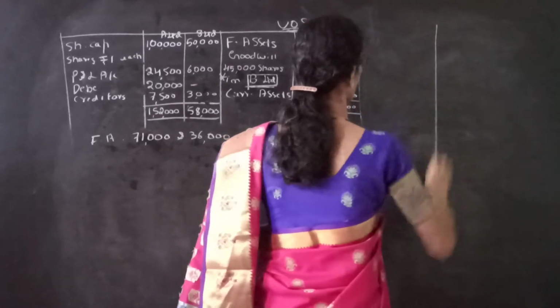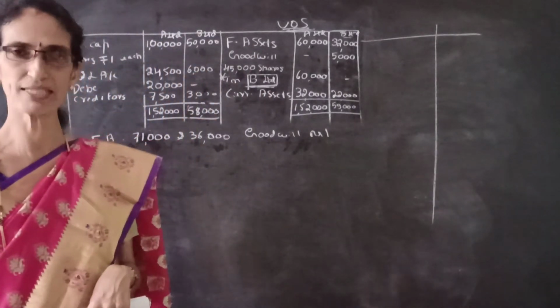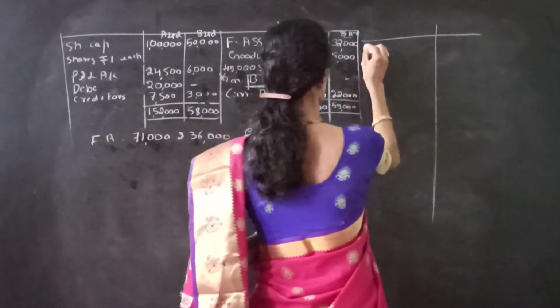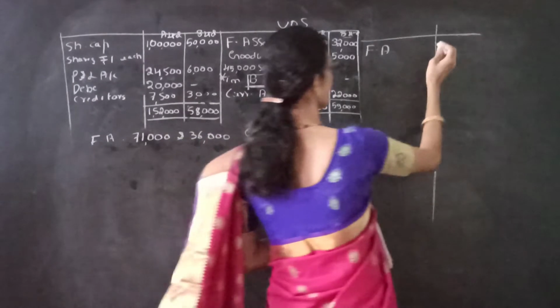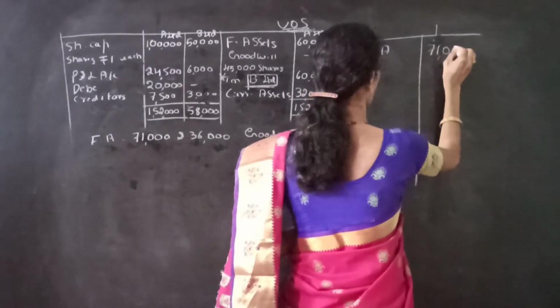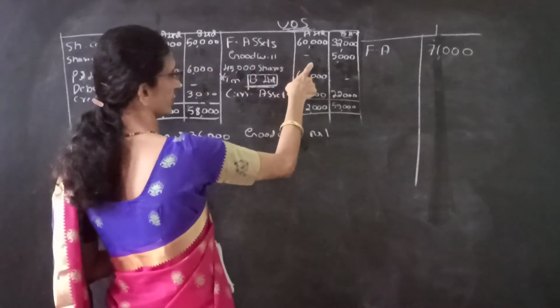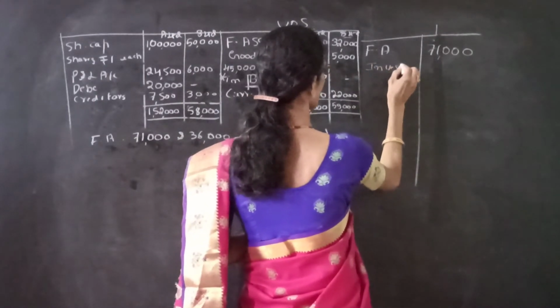First we have to find out the market value of assets minus liabilities payable to the outsiders of A Limited. Here the fixed asset given in the adjustment for A Limited is 71,000. Then goodwill, no. Then investment, it is important.